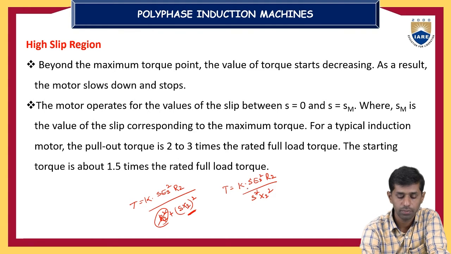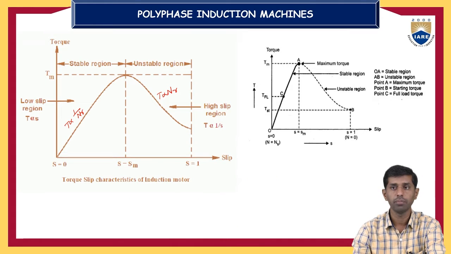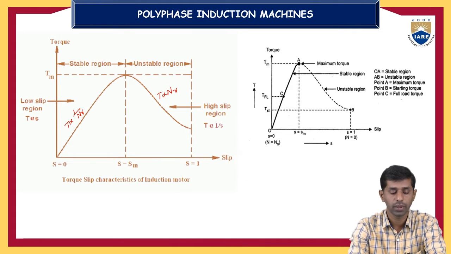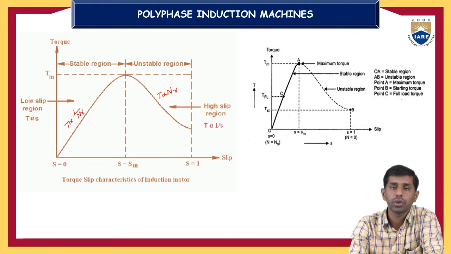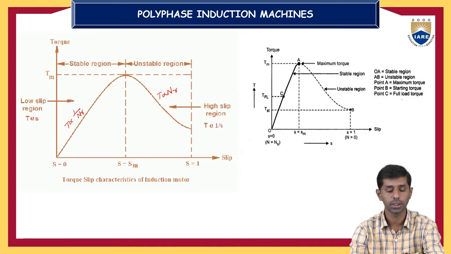So one slip cancels. Torque is proportional to resistance and inversely proportional to the slip in the medium slip and high slip regions. So torque is proportional to S under the low slip region, and torque is inversely proportional to S under the high slip region.